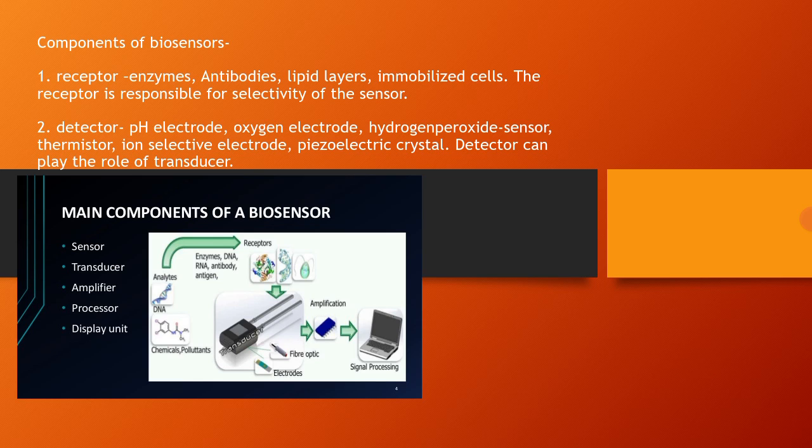Detector can be the pH electrode, oxygen electrode, hydrogen peroxide sensor, thermistor, ion selective electrode, piezoelectric crystal. Now detector can play the role of the transducer in some cases. Okay, these are the examples of the receptor, and these are the examples of the detector.